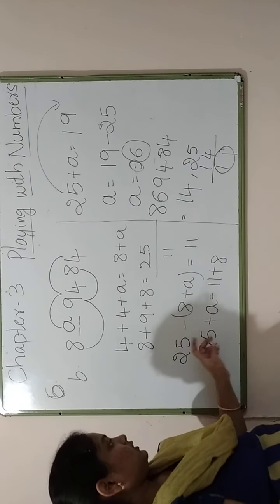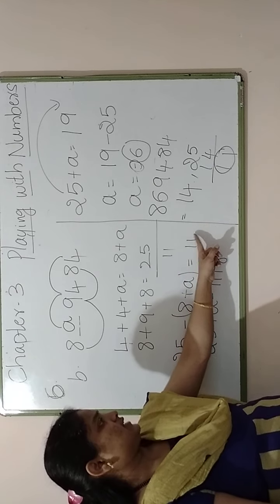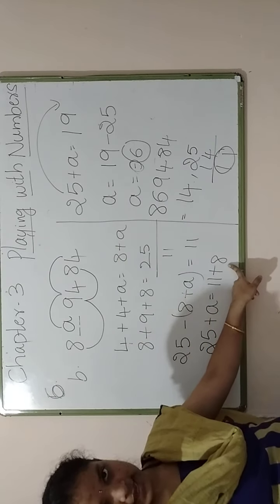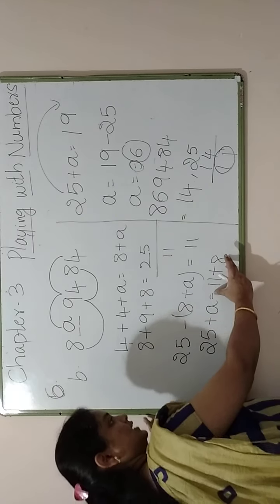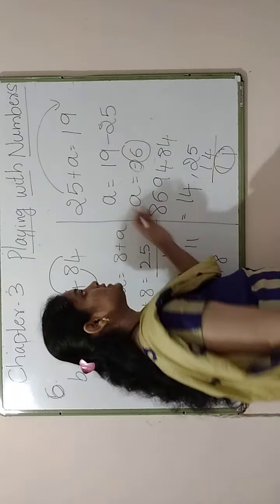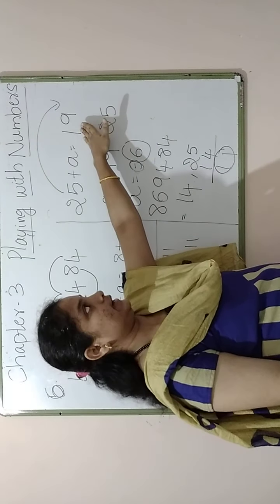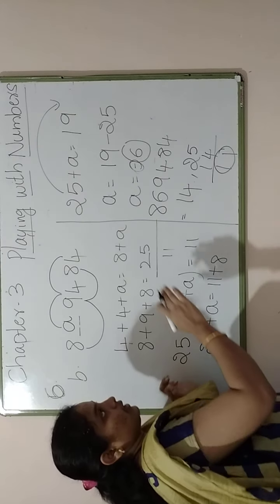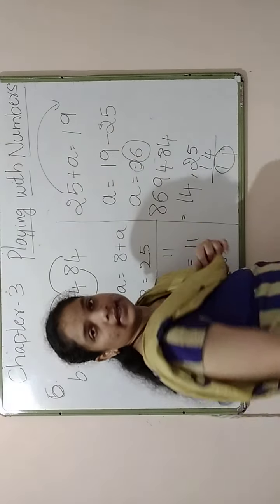So when I send minus a to that side, this will become plus 8. Okay, so plus 8, right? So that is 25 plus a is equal to 19.